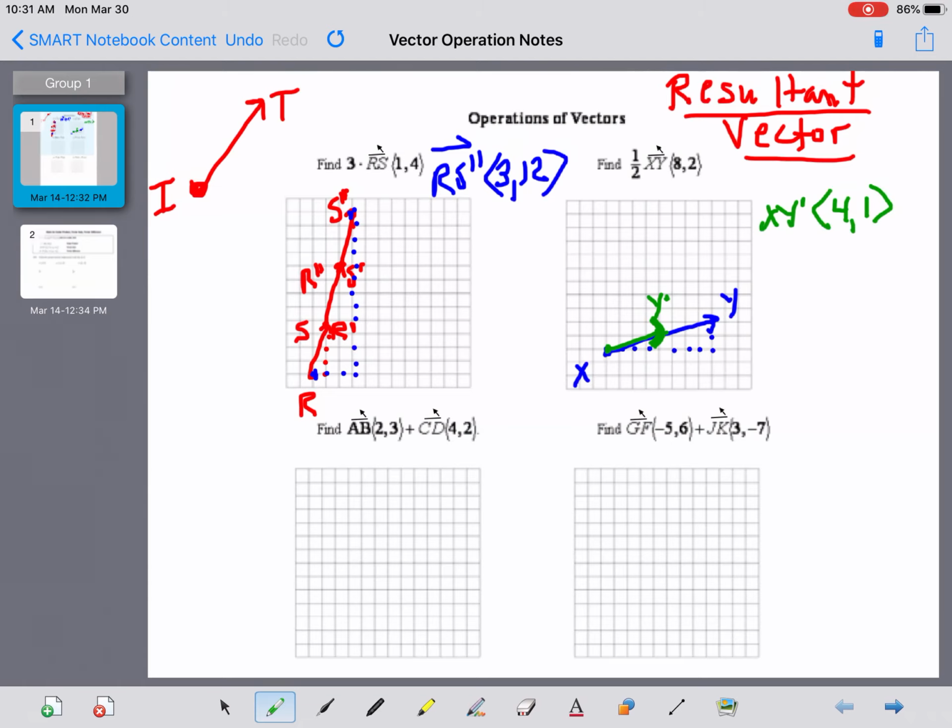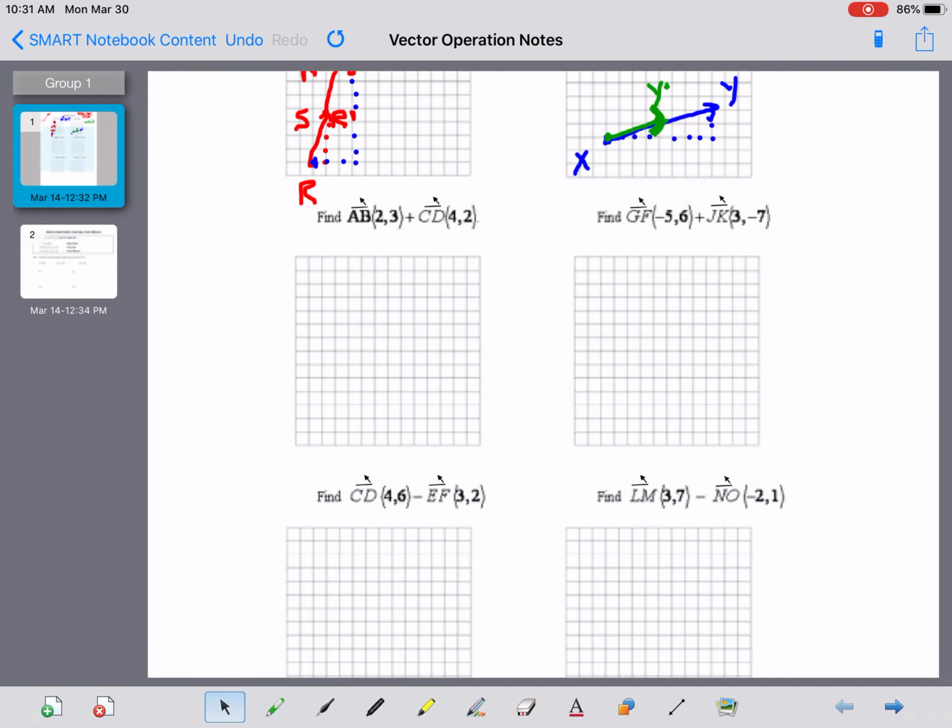All right, so let's go through now and let's start adding some vectors. Move my page up a little bit so I get more room. My first vector here is AB, and that's 2, 3. So once again, I find a spot on my grid to start with. Here's A. I'm going to go to the right 2 and up 3 for my B. Always putting an arrow on that terminal point so I know where I ended.